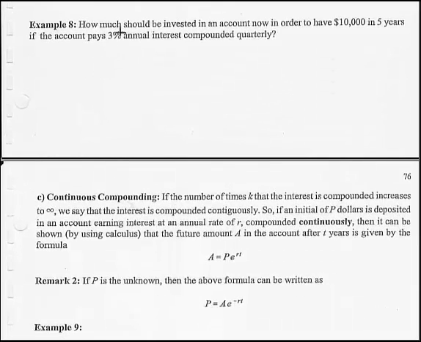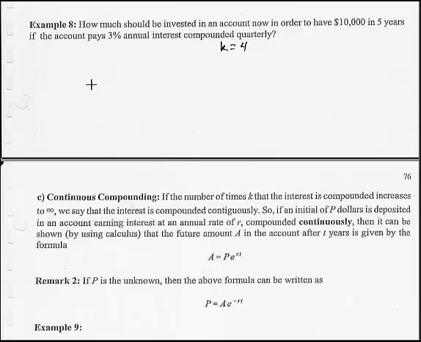Example 8, how much should be invested in an account now in order to have $10,000 in 5 years if the account pays 3% annual interest compounded quarterly, which is going to give us a K of 4 times a year.